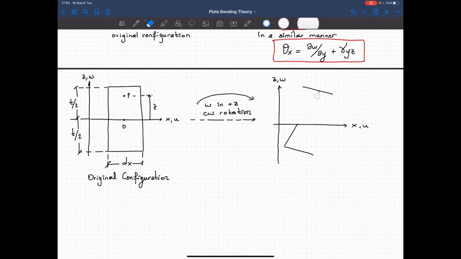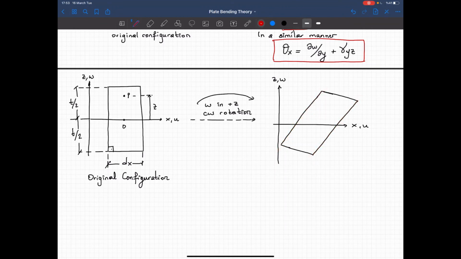Let me redraw it one more time. So these angles should not be 90 degrees, okay? I think I was able to draw the shear deformations. Now these corner angles are no longer 90 degrees.